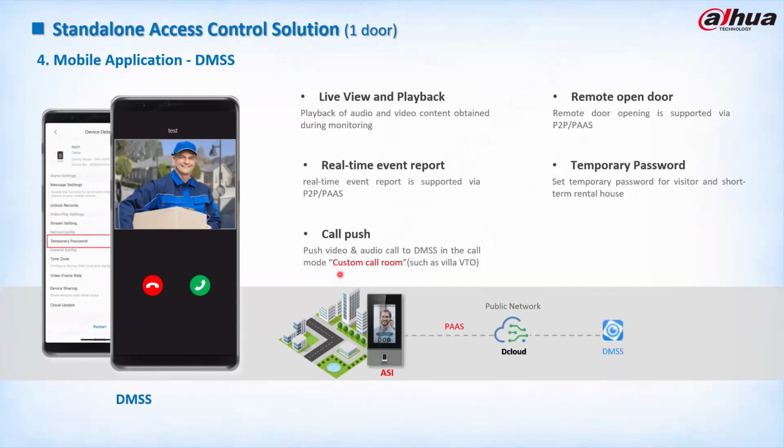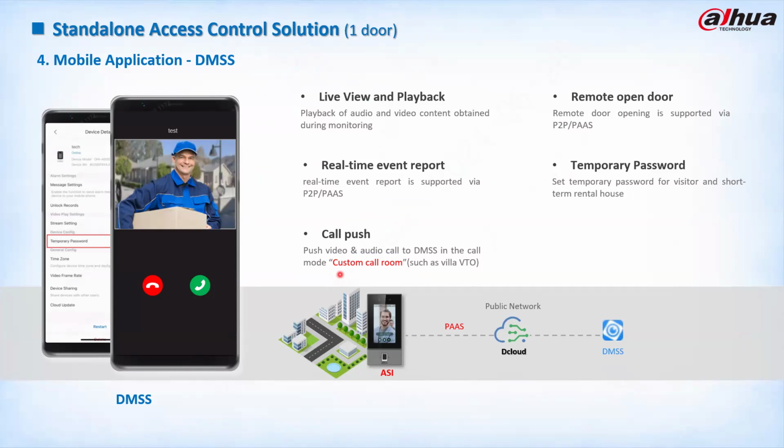This is access from the mobile phone's DMSS, accessing records such as push notifications and call notifications through your mobile phone. Through the DMSS, one can achieve live view and playback. One can still achieve real-time event reporting through P2P or the platform as a service protocol.